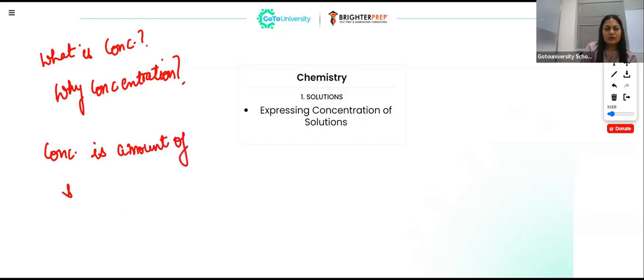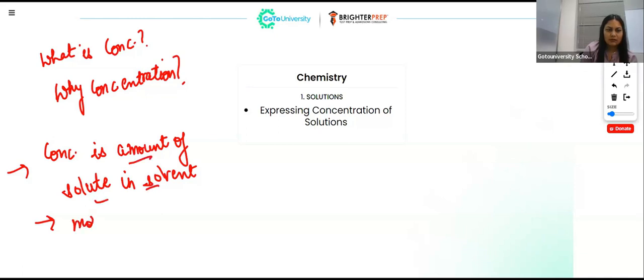It is the amount of solute present in the solvent. So first thing is this, it is the amount of solute present in solvent. What determines the concentration? Amount of solute present in solvent, right?